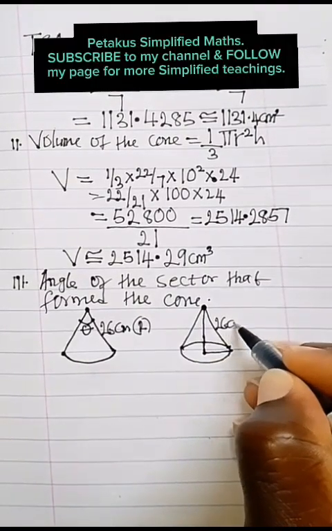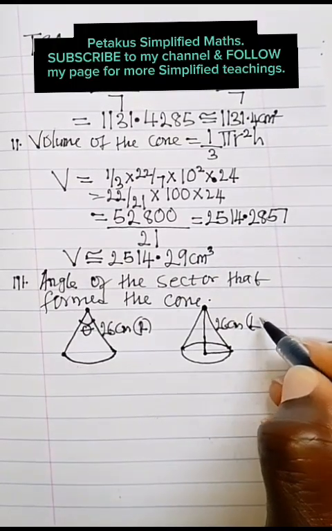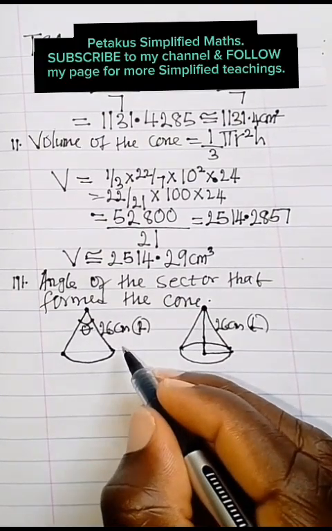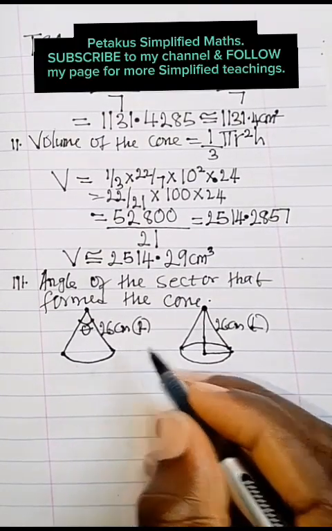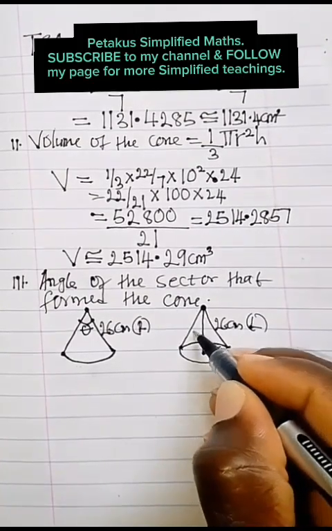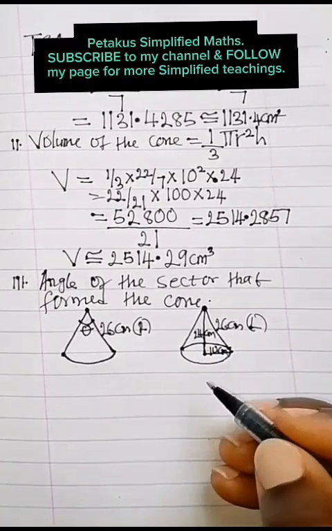This is 26, which is the slant height of the cone and the radius of the sector. Here is 10 centimeters. We have 24 centimeters.